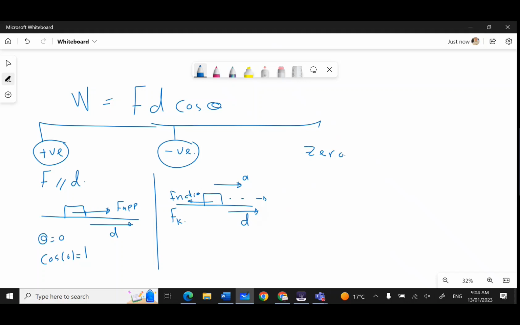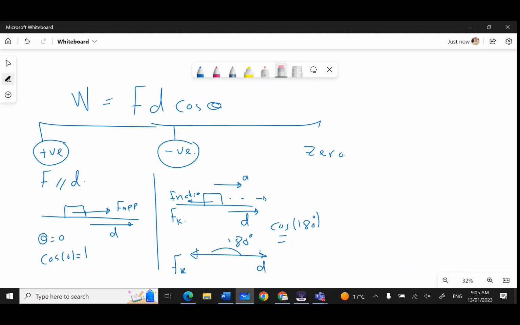So displacement and friction force are opposite to each other, the angle between them is 180. And we know cosine 180 degree is -1.